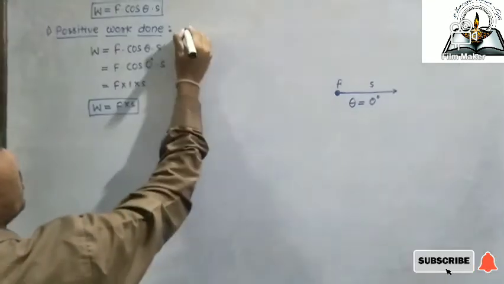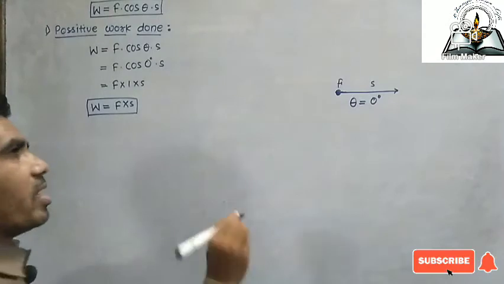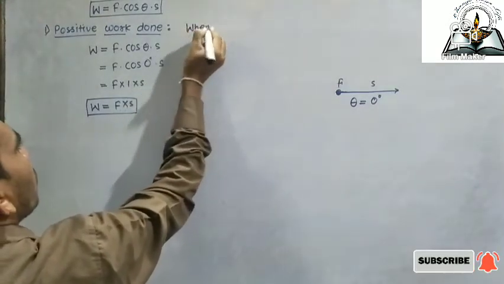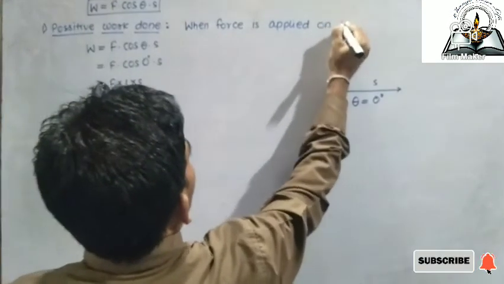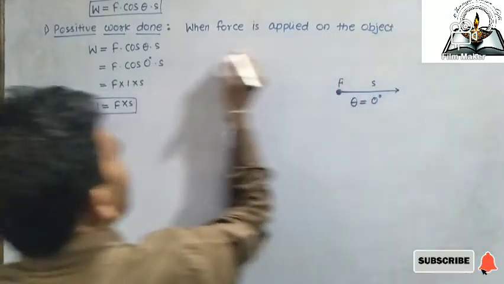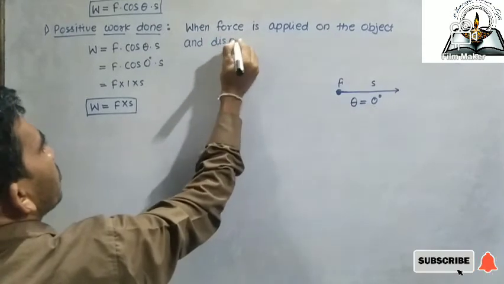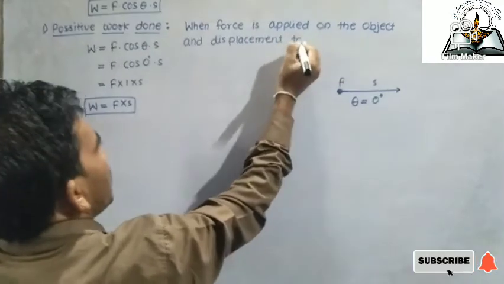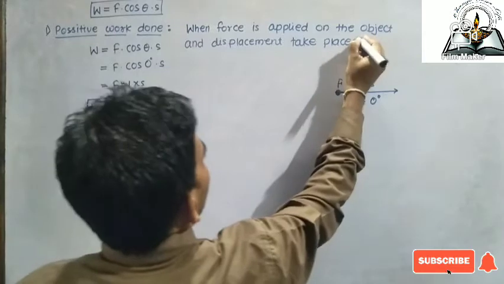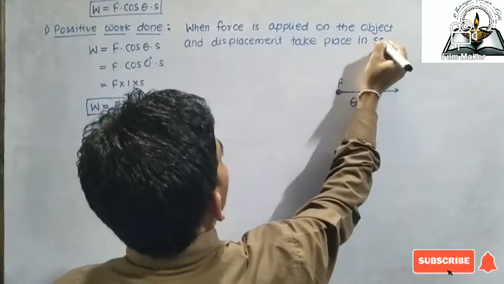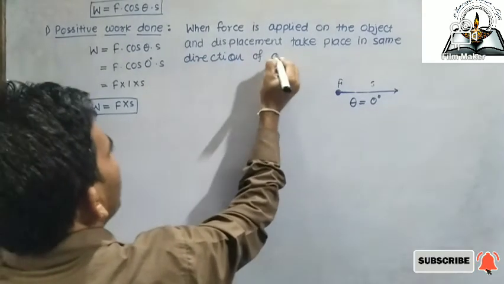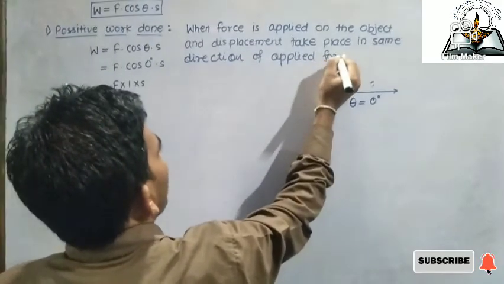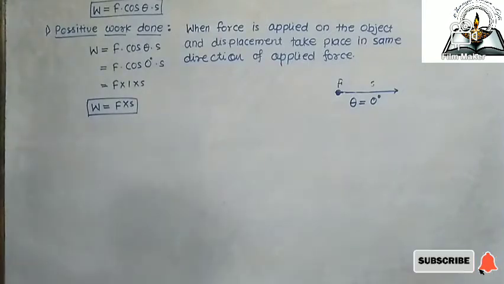So in simple language we can write: when the force is applied on the object and displacement takes place in the same direction of applied force, then it is called positive work done.